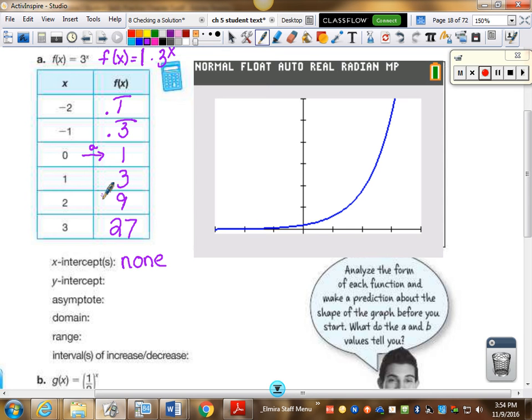Dividing a positive number by another positive 3, you can't ever get a negative that way. In fact, division by a number doesn't ever give 0 either. So if you can't get 0 and you can't get negative, then you can't cross the x-axis. So there's no x-intercept for this graph. There is a y-intercept, and it's at 0, 1.